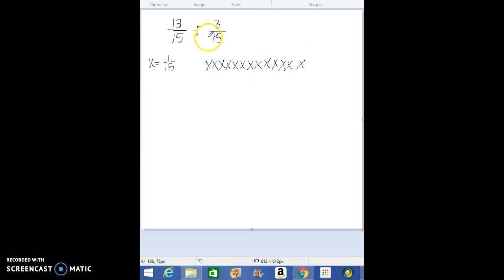All right, there they are. And then I interpret my division problem to say, how many groups of 3/15ths can I make? So I set out to answer that question.